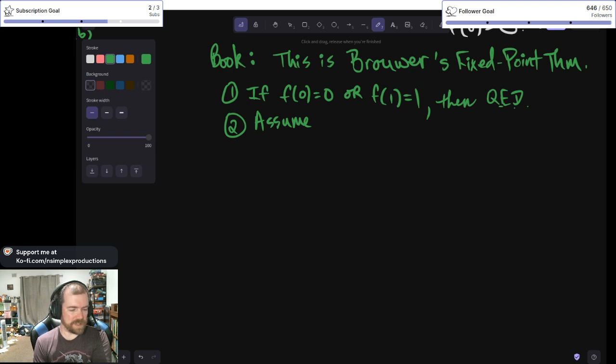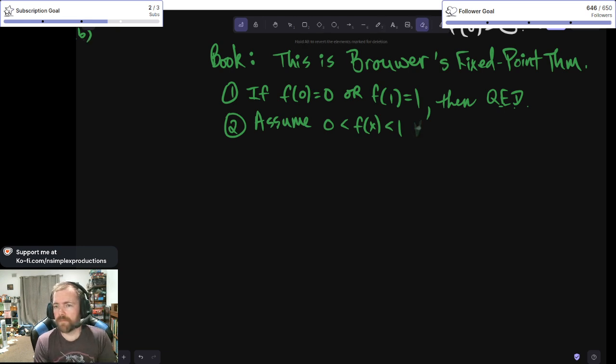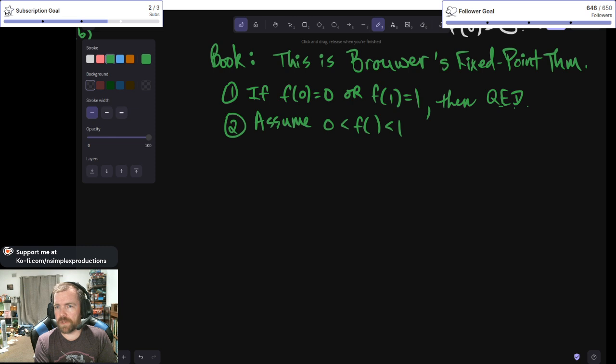State 2 is assume that f of x is going to be strictly between, for all, oh, nope, sorry. That was our f at 0. Again, same deal as I said. It can't be 0 itself, but it can be anything that's less than or equal to 1 and above 0.